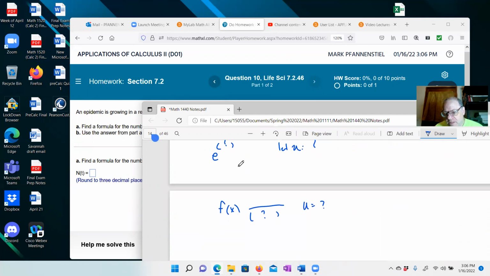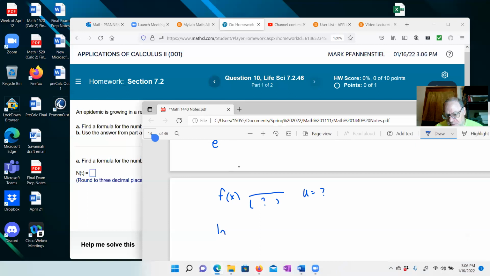If you have a logarithm of something, at least in this chapter, u is going to be whatever's inside the logarithm. Square root, same thing: u equals that something. I'm not going to say it's going to happen that way every single time, but those are good bets. That's what I would start with.